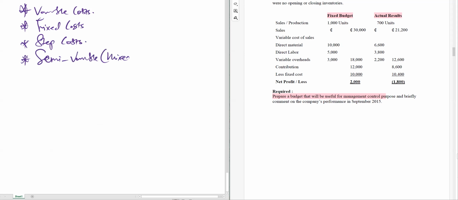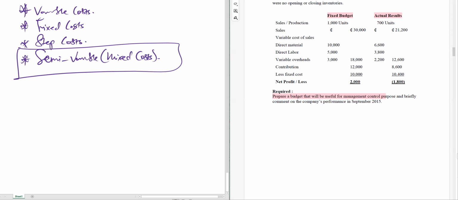These are costs which have elements of variable and fixed cost in them. And anytime you get such costs, you have to find a way to split them. Are we okay?